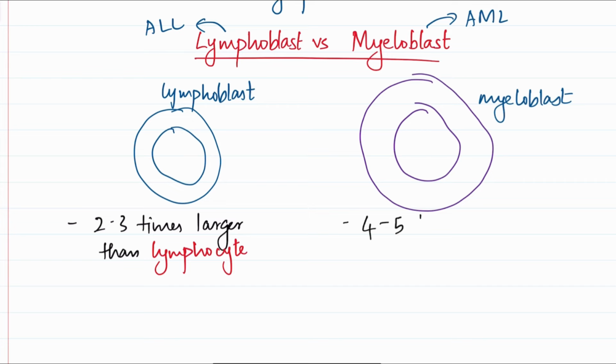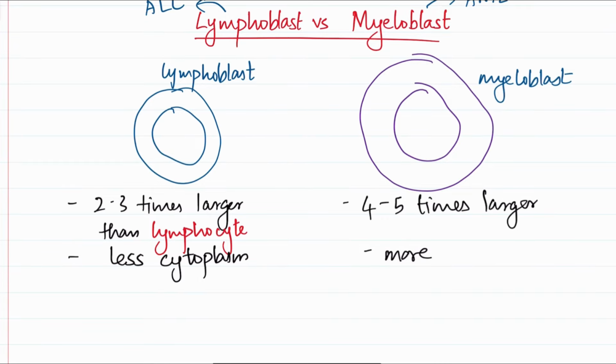It is 4 to 5 times larger. That's the first distinguishing feature. The next feature would be the amount of cytoplasm. So, myeloblast has more cytoplasm, whereas lymphoblast has relatively less cytoplasm.